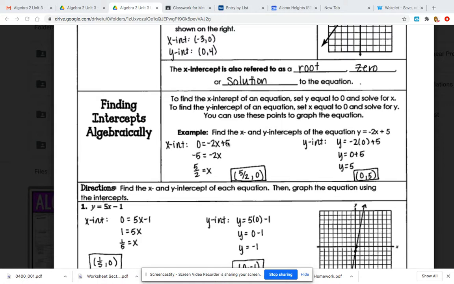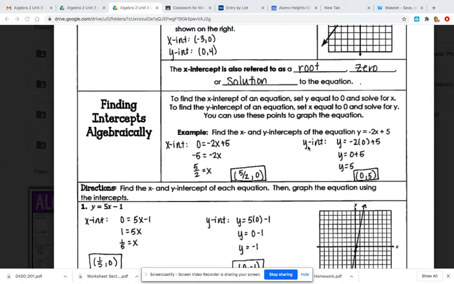And then I'm going to start moving things around. So I'm going to subtract 5. I get negative 5 equals negative 2x. Divide both sides by negative 2. A negative divided by a negative will be a positive. So I'll get 5/2 as x. What that means is my x-intercept is (5/2, 0). That's where it's going to cross the x-axis.